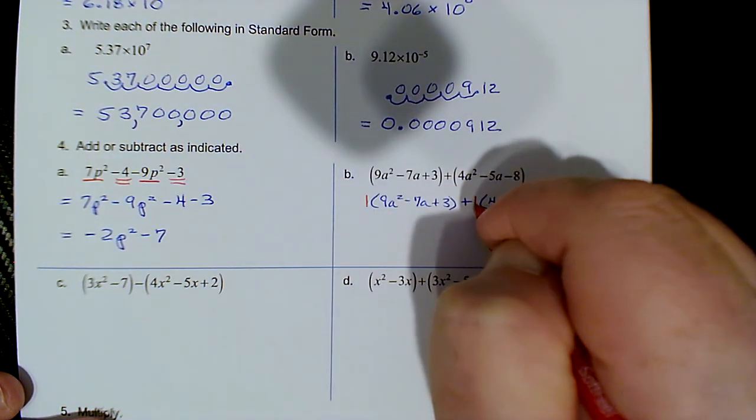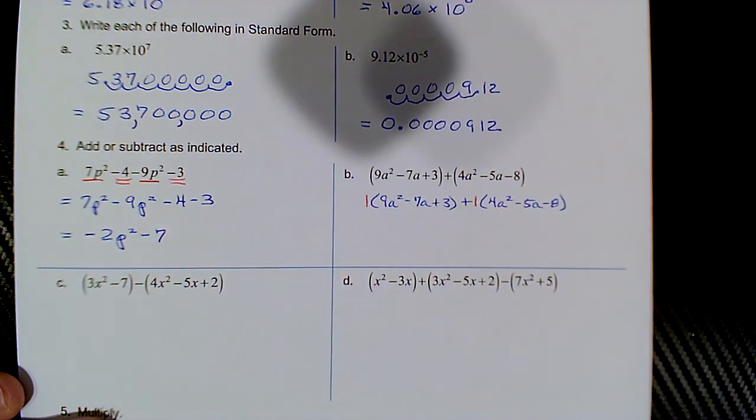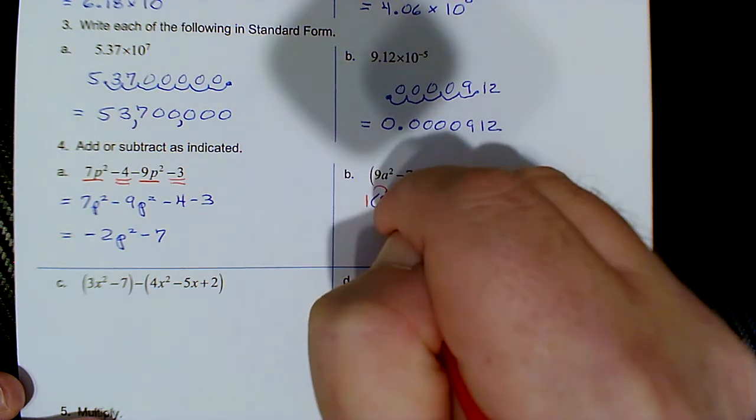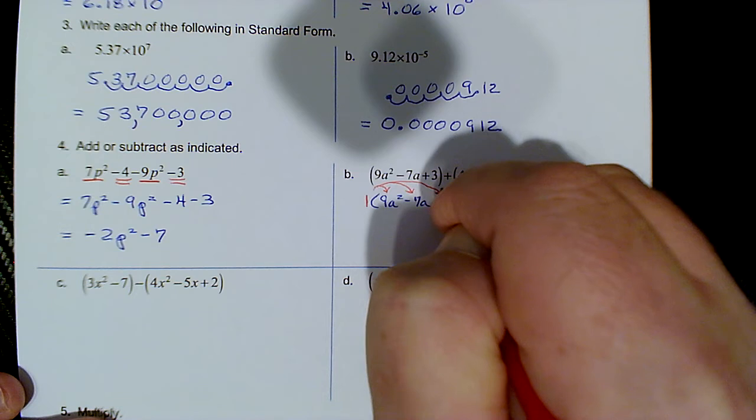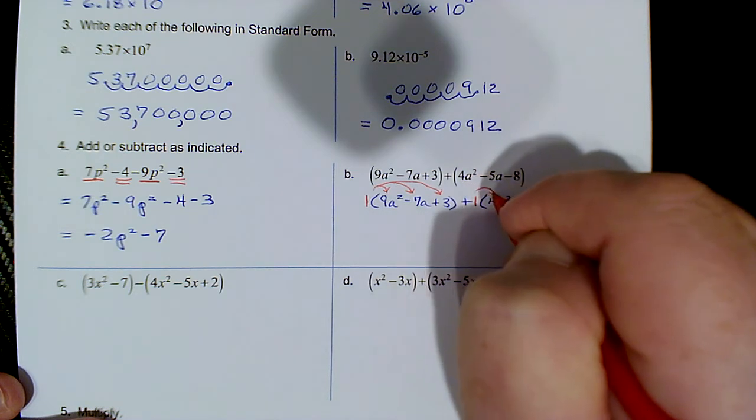Because we know if nothing is written, it's a 1. And then you could think of the distributive property. And here we're distributing to each of the 3 terms in the set of parentheses.